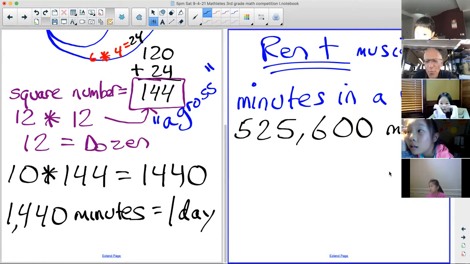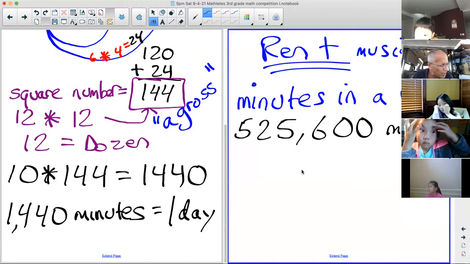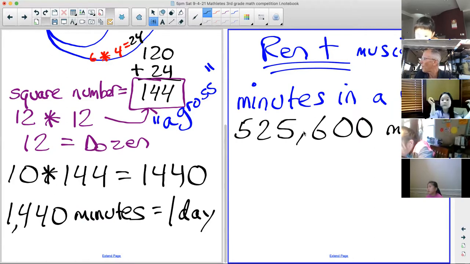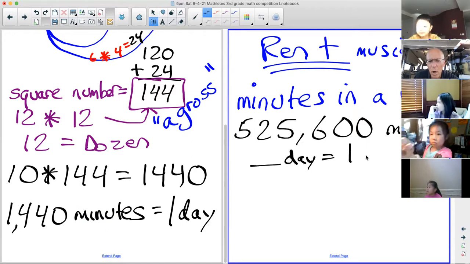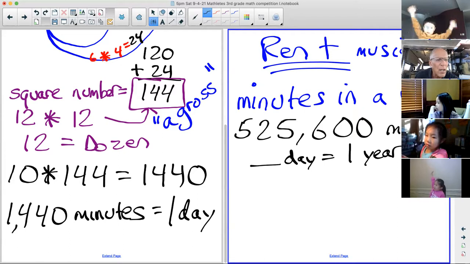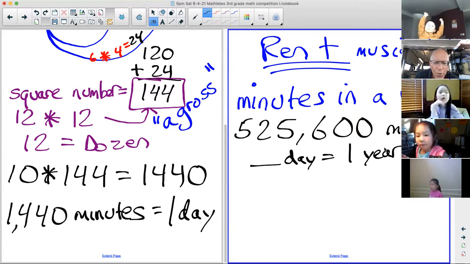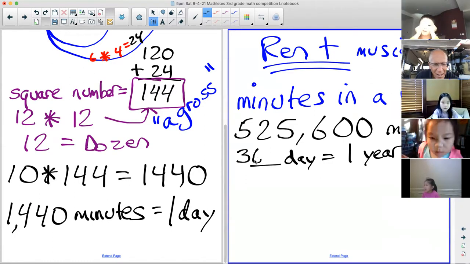Now, guys, the way we know this, if we take 1,440 and we multiply it by the number of days in a year. So how many of you know how many days there are in 1 year? So there are how many days in 1 year? Okay, on 3. 1, 2, 3, go. 365.